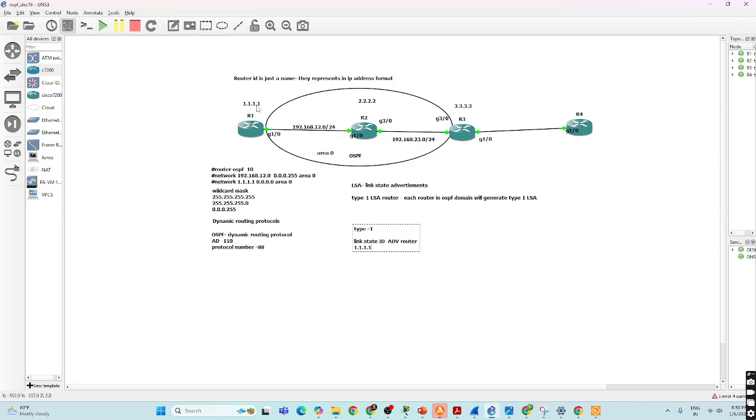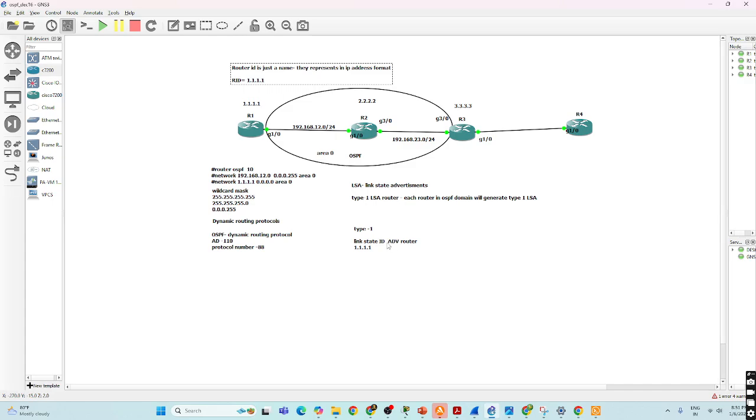In case you don't configure a loopback IP address, the IP address on the physical interface will be the router ID. Currently we have configured a loopback, so the router ID is 1.1.1. Yes or no? Agree? Anyone having any questions?